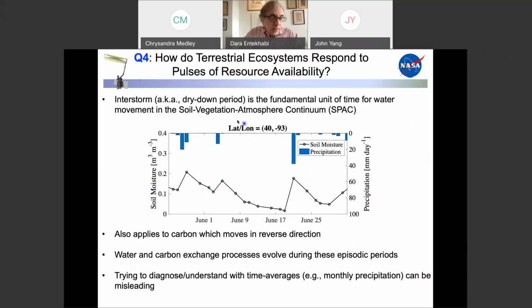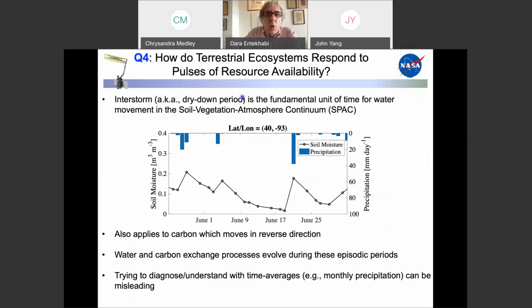The last thing, very quickly, it will take less than a few minutes, is the fourth question. In the water, energy, and carbon cycles, the link is through evapotranspiration, where plants are the critical factor. So how do plants respond to these precipitation events over the land surface?